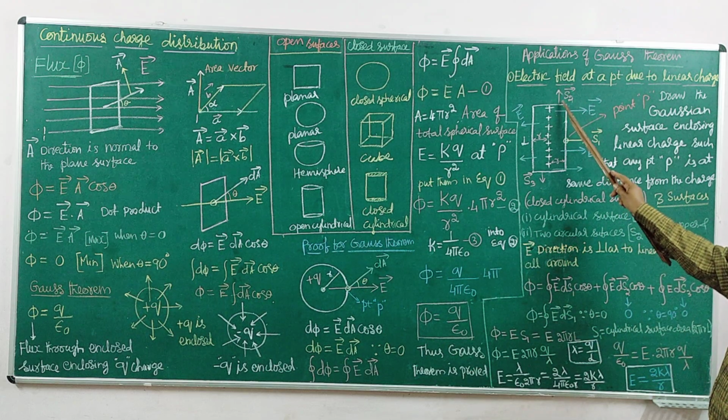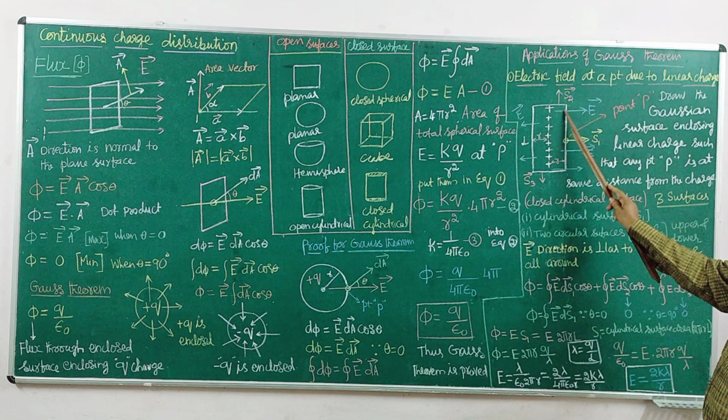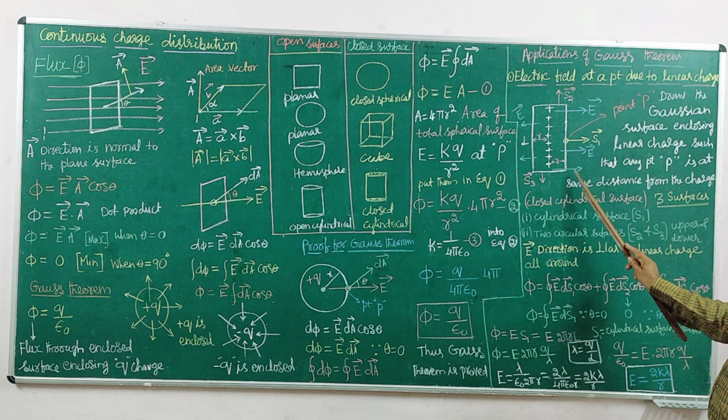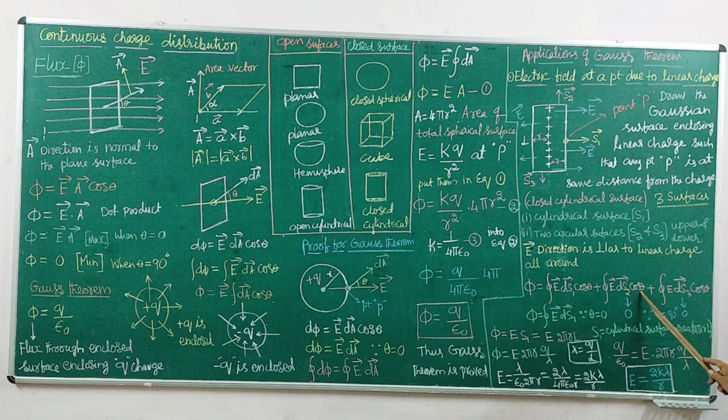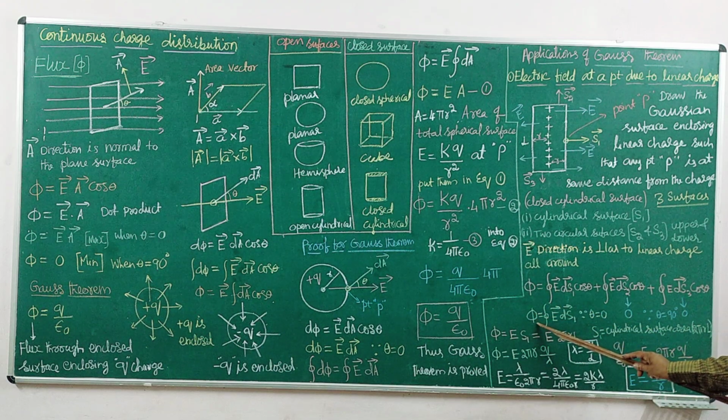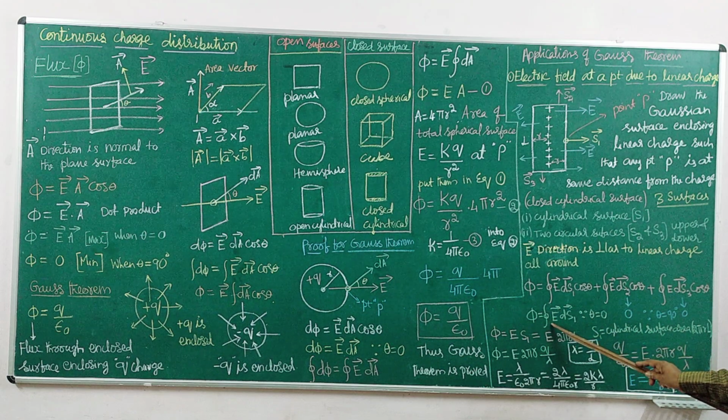But look here, the area vector direction and the electric field vector are perpendicular, so this is 90 degrees, and cos 90 is 0, and 0 into anything is 0. So these two equations become 0. Finally, what is left? The total flux by this Gaussian surface is given only by this equation.